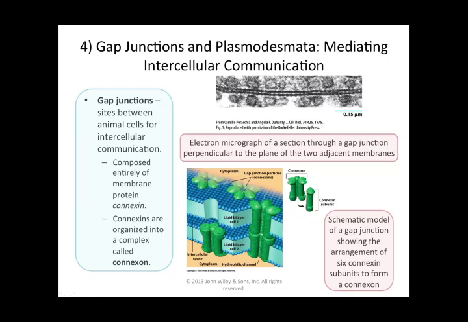So what is a gap junction? These are communication. So these are a way for, these are in mammalian cells, this is plant cells. This is a way to communicate between cells and cells. So make a protein and send it from one to the other. This is the secret passageway.